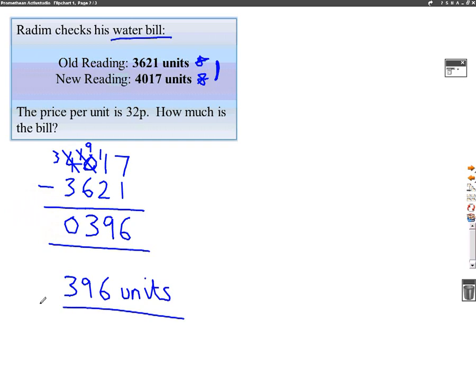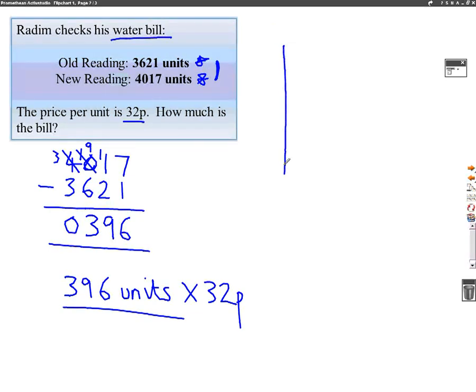Now it says in the question that each unit costs 32p. So all I need to do now is times this number by 32p, and that will tell me how much the bill will be. The way I'm going to do it today, like I did in a video before on long multiplication, is with the grid method.